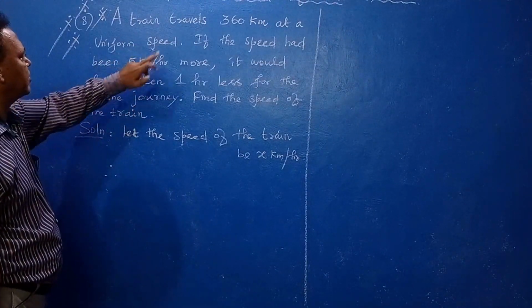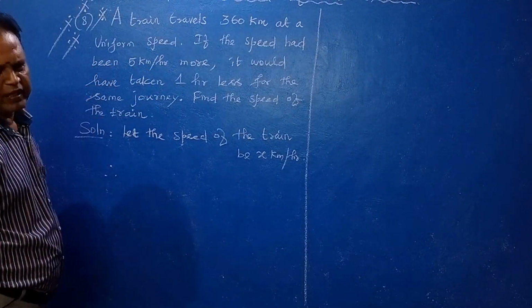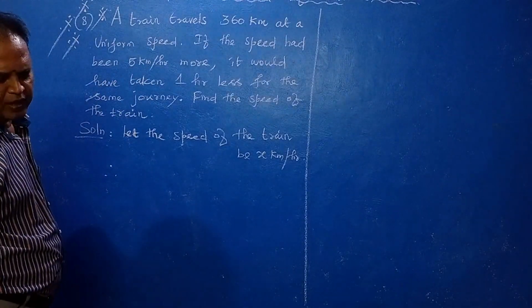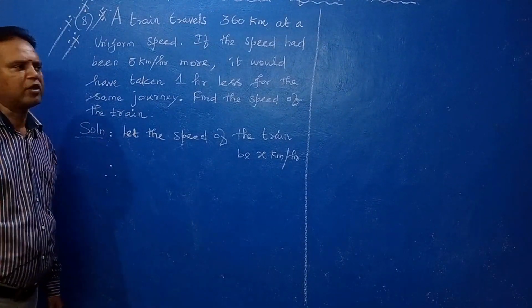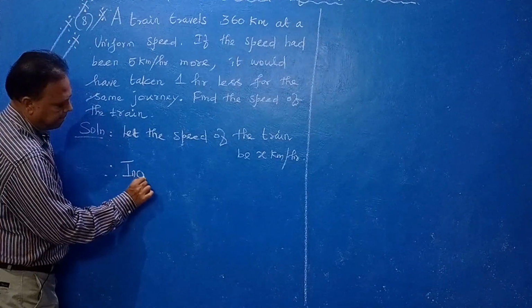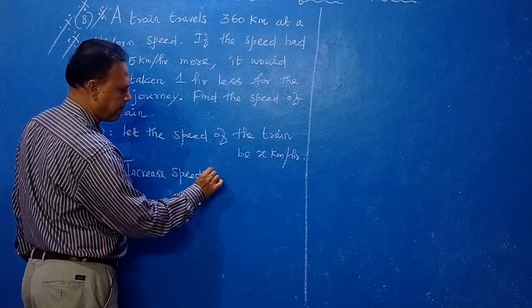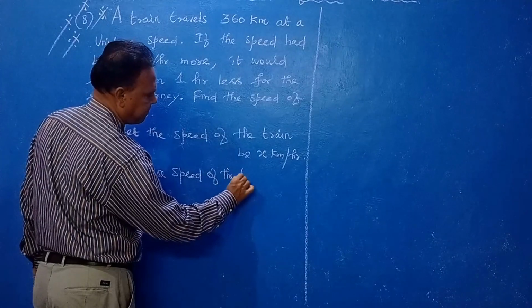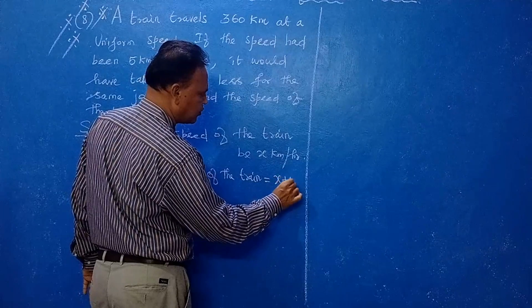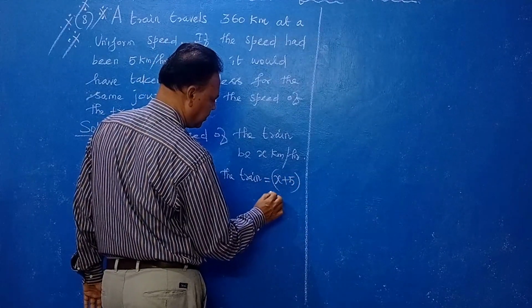How many kilometers increase? 5 kilometer per hour speed increase here. So the increased speed of the train is x plus 5 kilometer per hour.